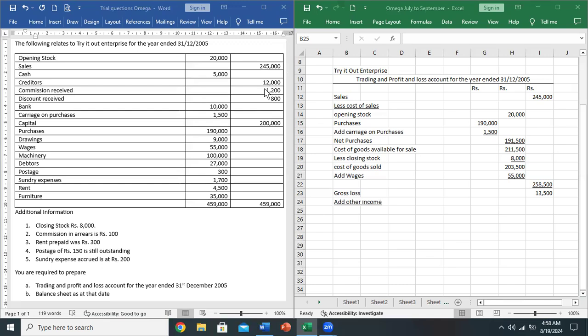However, there is information on the commission that there's some amount in arrears. So when you get to the profit and loss account, you have to be careful about these 4 adjustments we have seen for any income in arrears or prepaid or any expense in arrears or prepaid. So as you list it, your other income is commission.